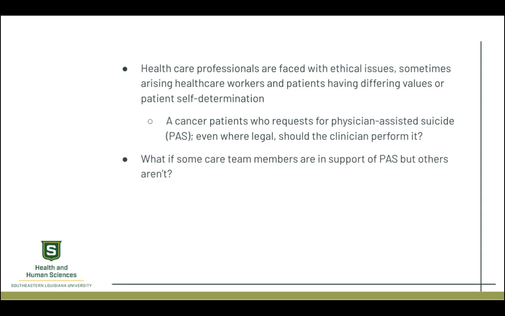And then what if there are members of the interprofessional team that support medically assisted suicide, and there are those that don't support it? Meanwhile, the interprofessional team has to make a decision as a team. How does that conversation happen? How do they come to a final solution about what to do? So you can imagine how that conversation is going to go.